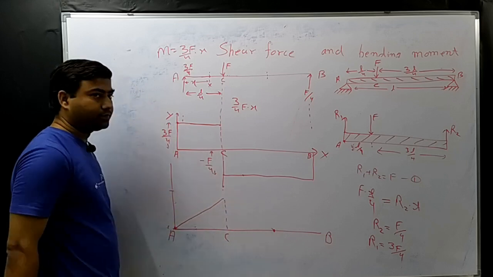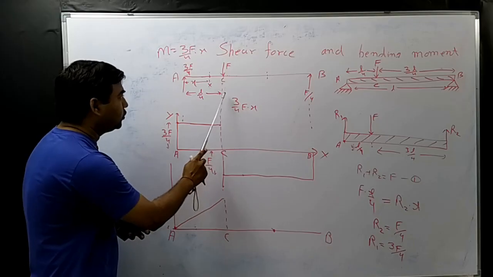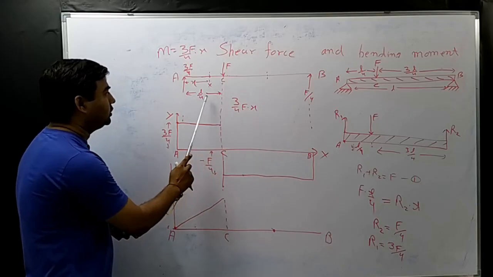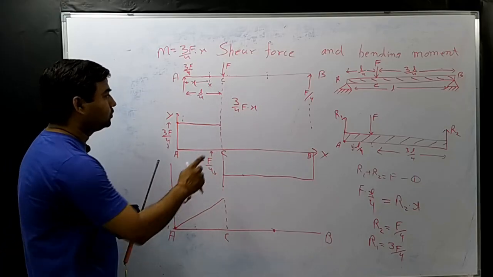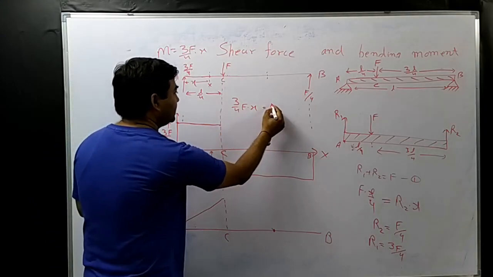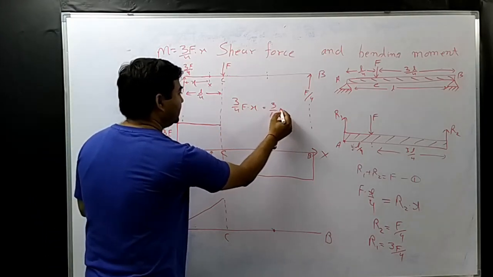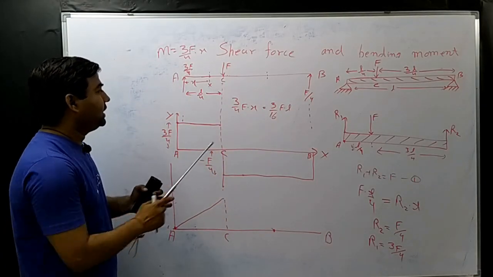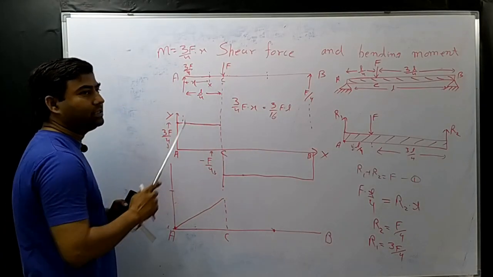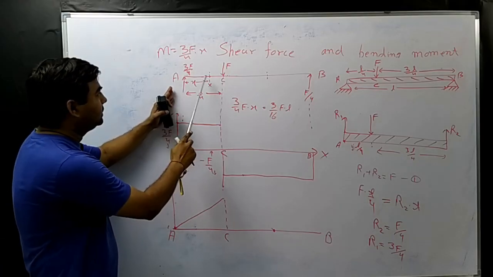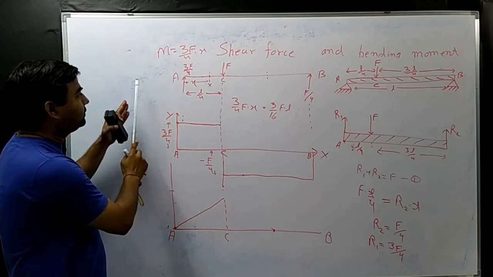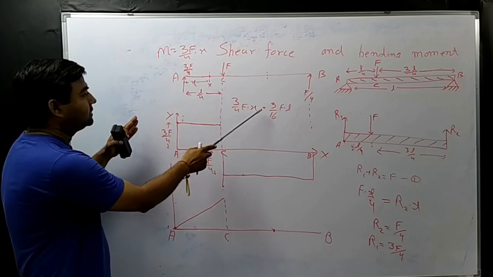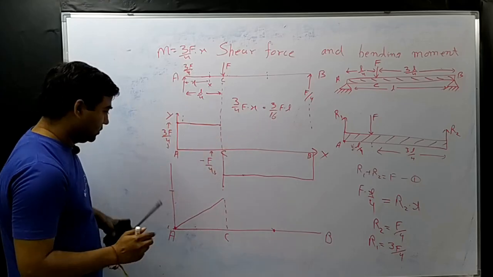This is point C. So at point C, x is equal to L by 4. So put the value L by 4. It is 3 by 16 FL. 3 FL by 16 at point C. At point C, the moment of the leftward force, that is 3F by 4, is 3 by 16 FL.